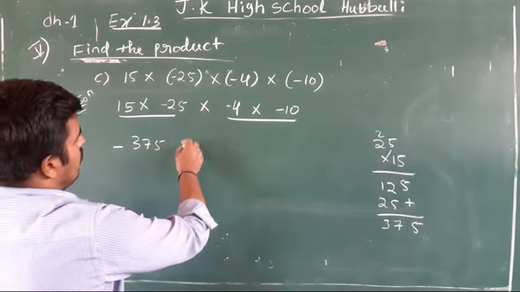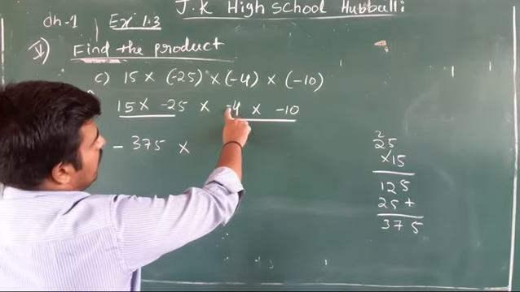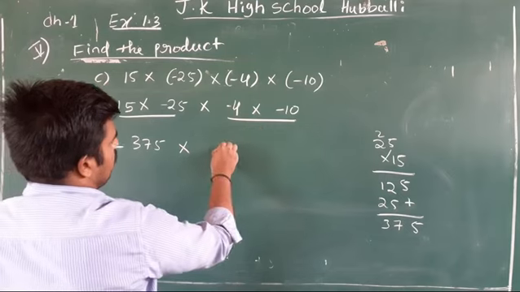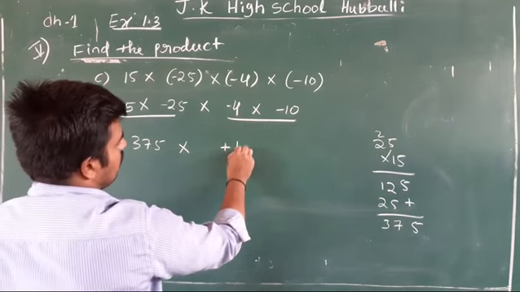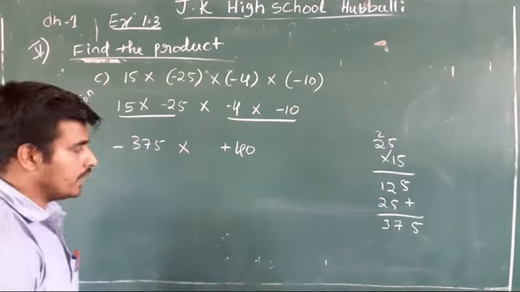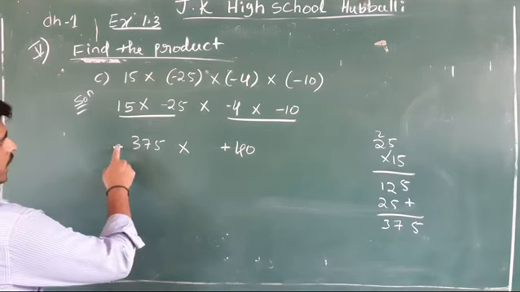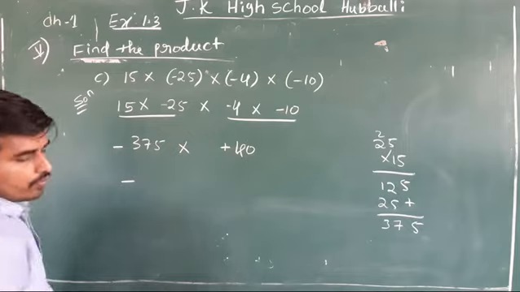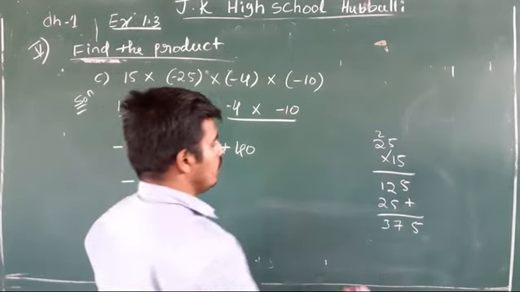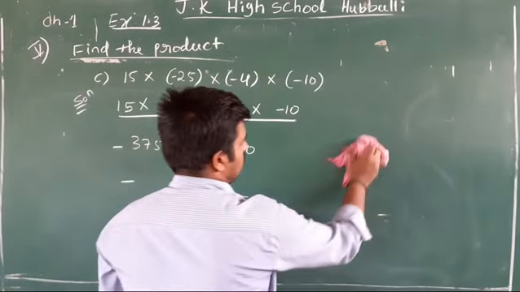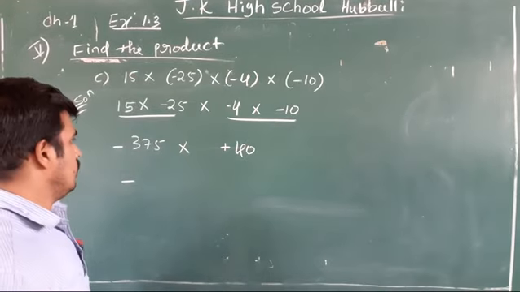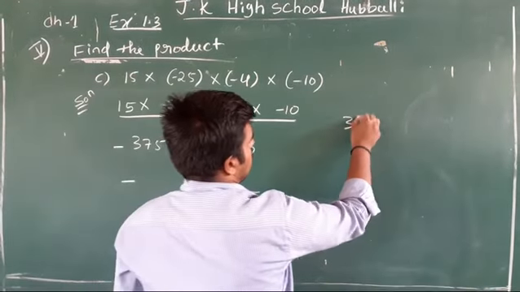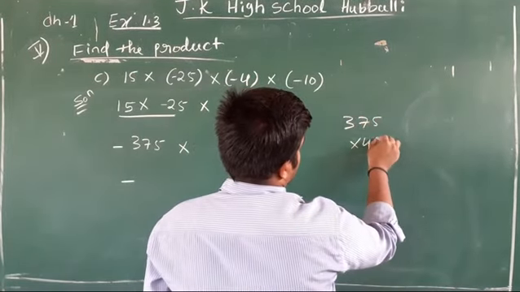Now this into came as it is. Minus into minus will give you plus, 4 tens are 40. Now minus into plus, minus 375 into 40. 375 into 40.